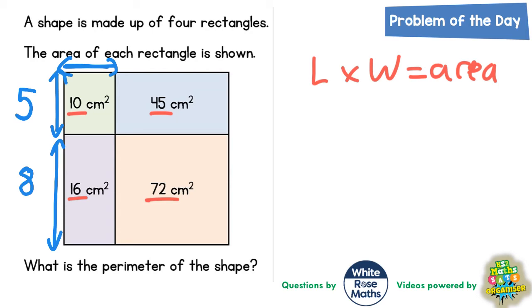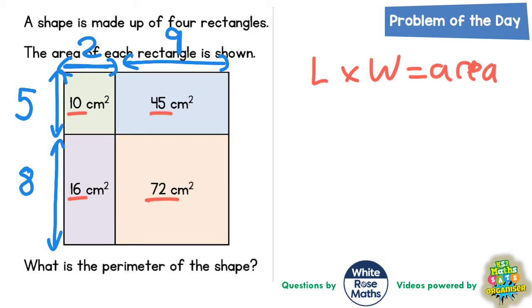So in this column, we've got 10 and 16. The highest common factor is 2, so that distance must be 2. And along here, we've got 45 and 72 in this column, and the highest common factor for 45 and 72 is 9. So that distance must be 9.